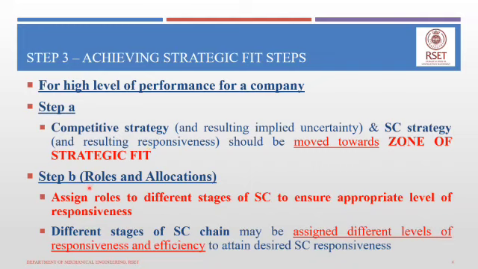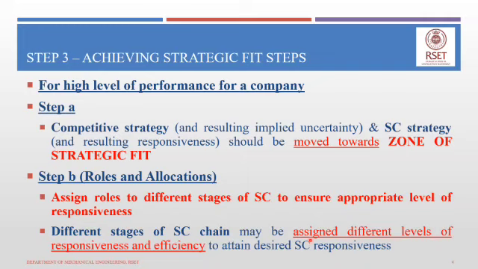So once the level of responsiveness is determined, the next step, that is step B in achieving strategic fit, is basically assigning roles to different stages of the supply chain so that the appropriate level of responsiveness for the entire supply chain is achieved. Different stages of a supply chain may be assigned different levels of responsiveness and efficiency so as to attain the desired supply chain responsiveness for the entire supply chain.